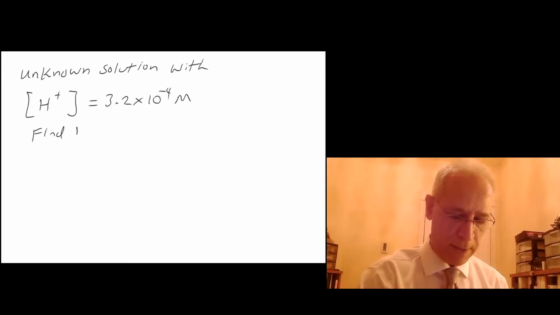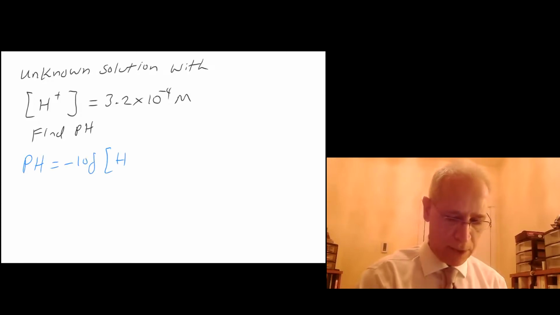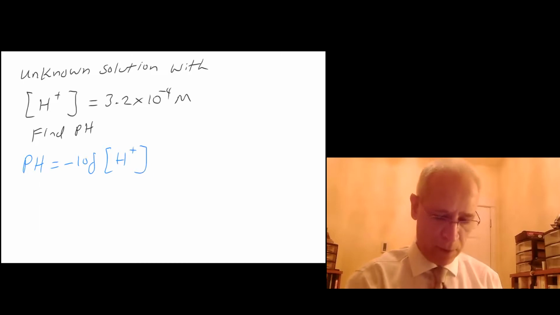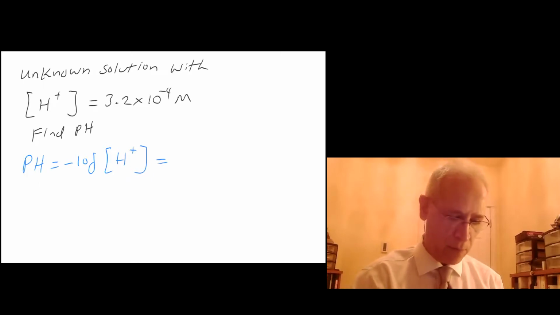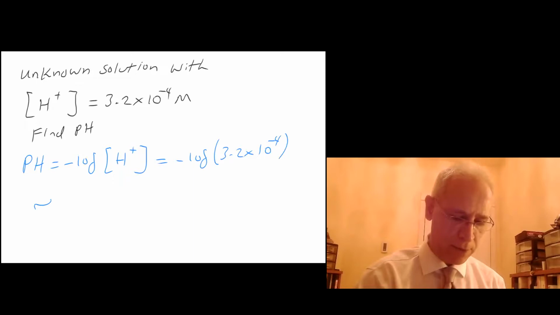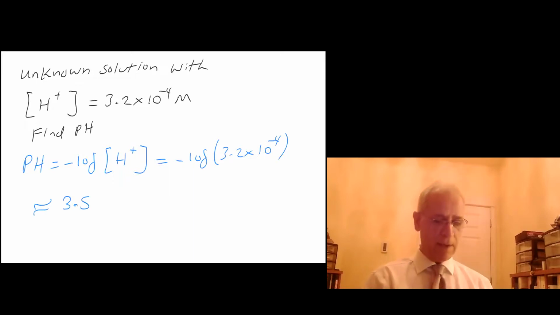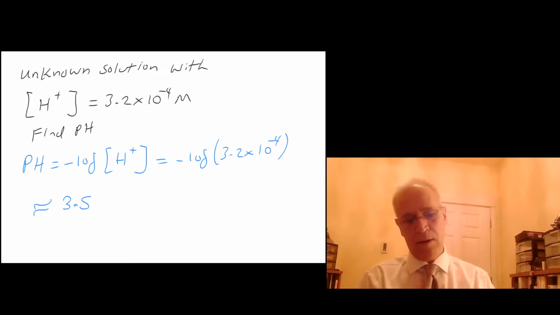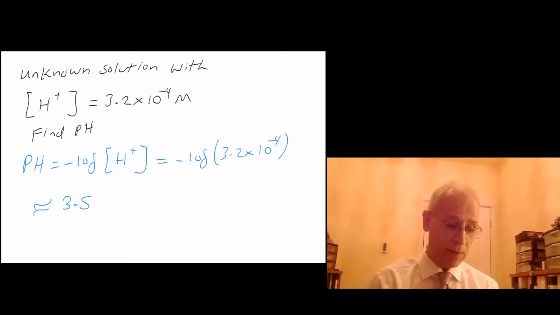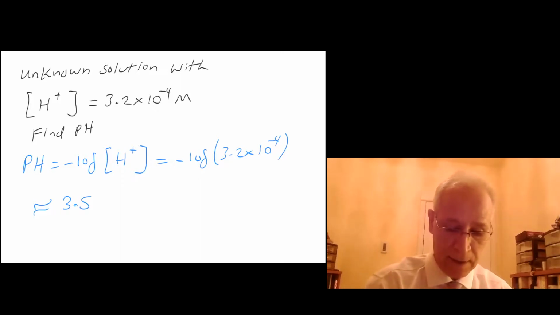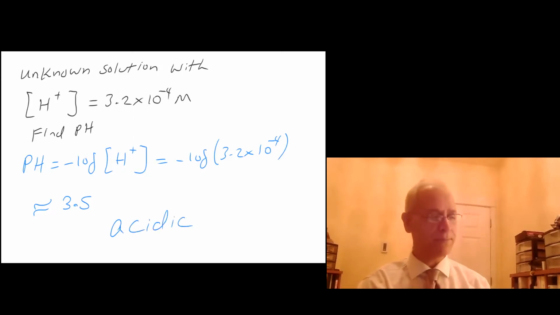Find pH. So I can say that pH equals minus log of H plus, that equals minus log of 3.2 times 10 to the negative 4. That roughly equals 3.5. And notice that this time, this substance is acidic.